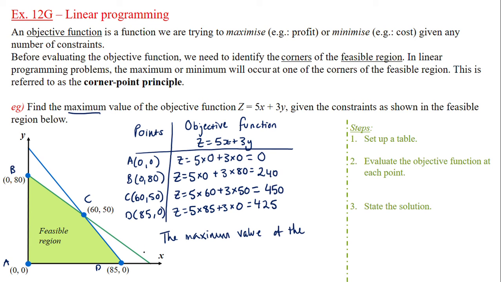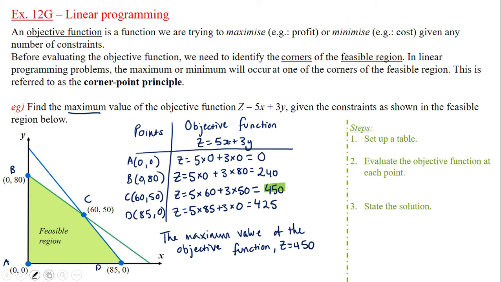This Z, it could be anything. It could be profit, it could be hours or time, it could be anything. So the maximum value of the objective function, which we write as the value, is 450.